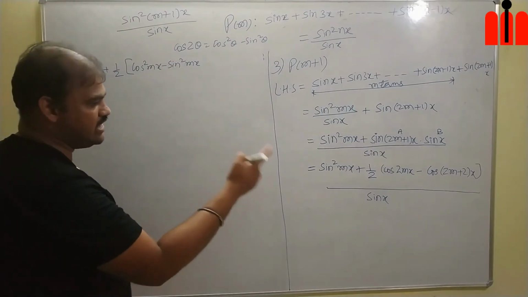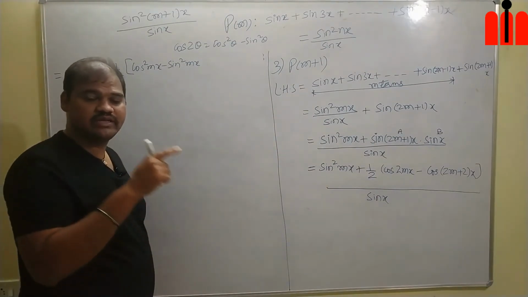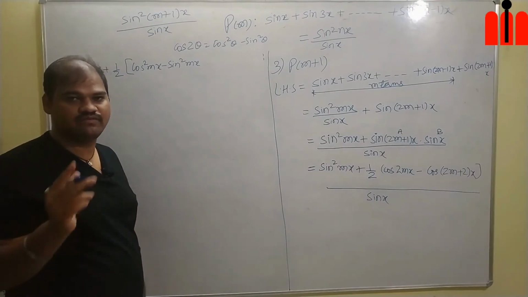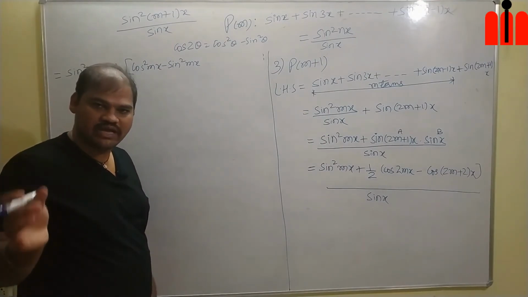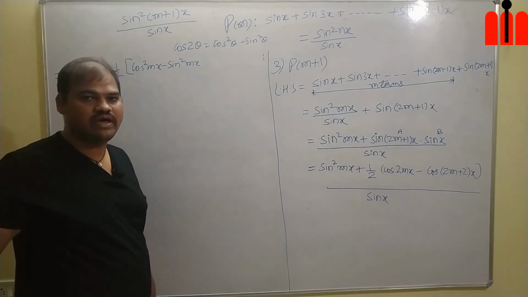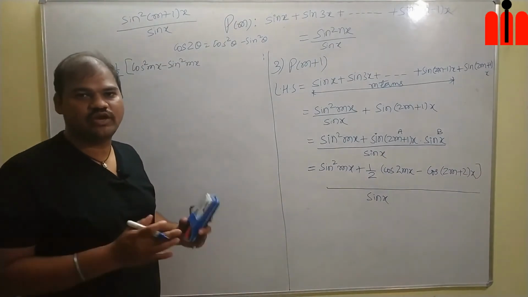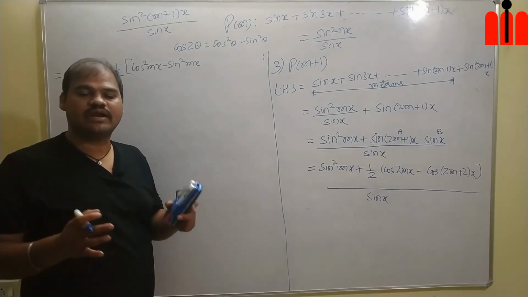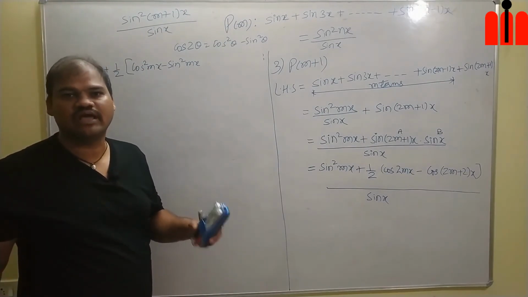Okay, and minus cos 2m plus 1x will become cos square m plus 1x minus sin square m plus 1x. Now this negative sign will multiply with that, so it will become minus cos square m plus 1x plus sin square m plus 1x.